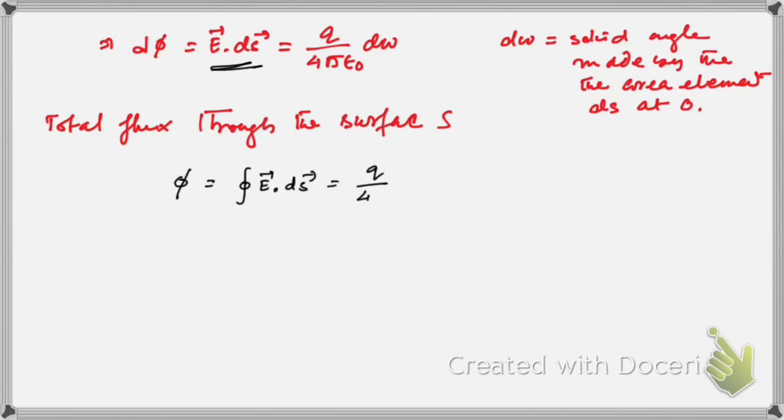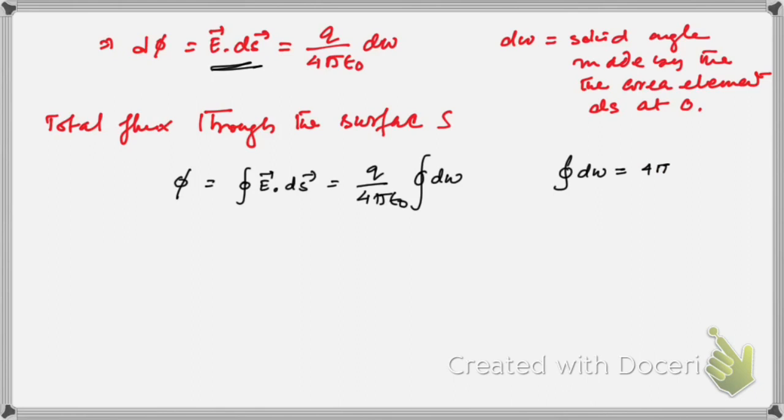Q by 4 pi epsilon naught. This part is constant, so it can be taken out. Integration d omega, right? And the integration of d omega is nothing but 4 pi.